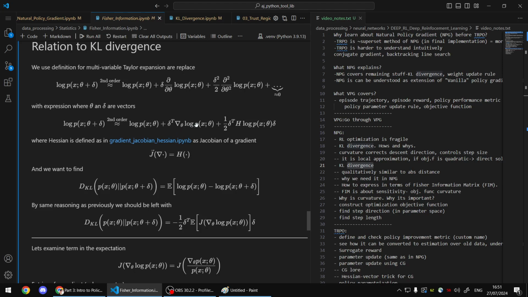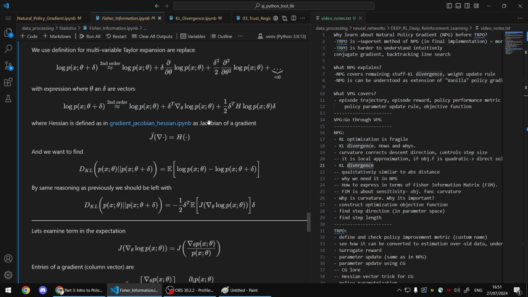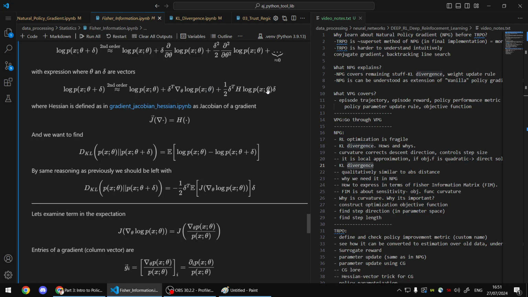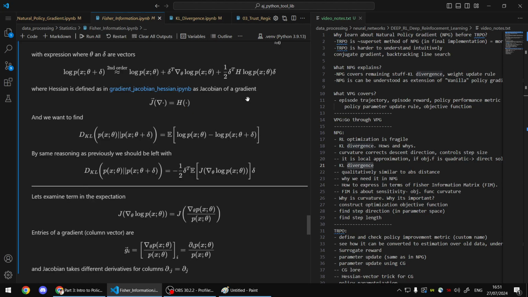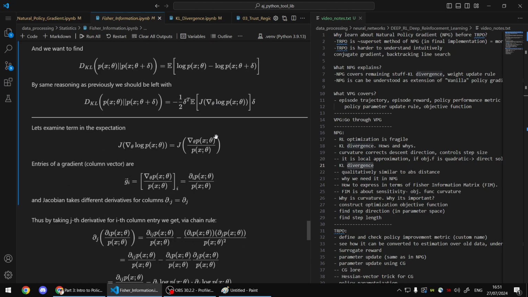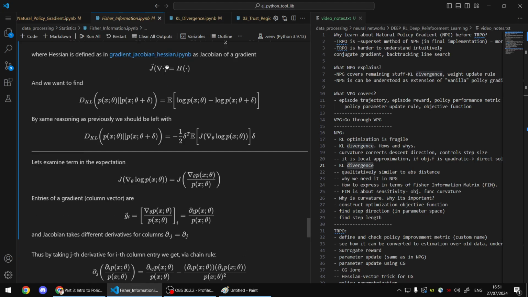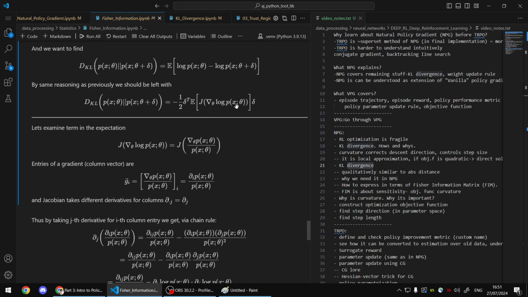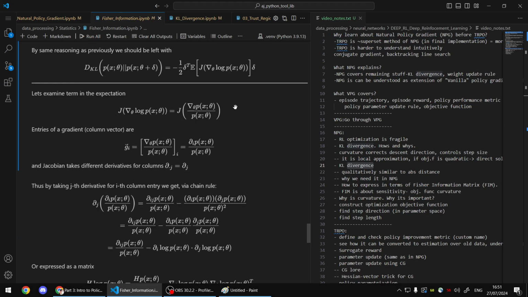It will be a zero vector here. And we will be left with this Hessian of log, and I rewrite it as this kind of decomposition, the alternative definition. And then I'll try to calculate what it is.